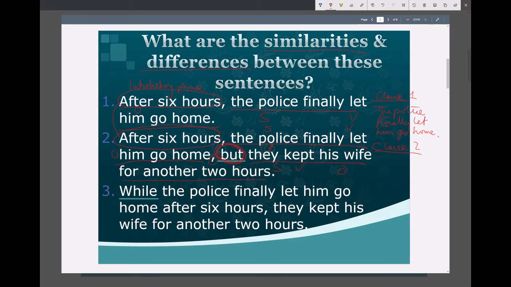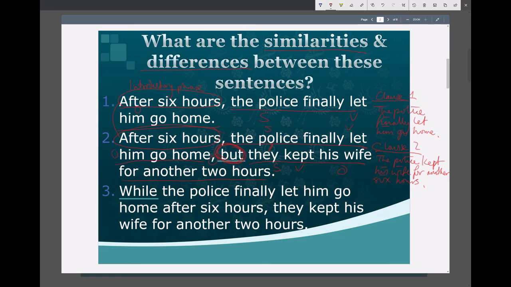They added something. They, and that's the police. I'm just going to write the police kept his wife for another 2 hours. Okay, so that's clause 2.